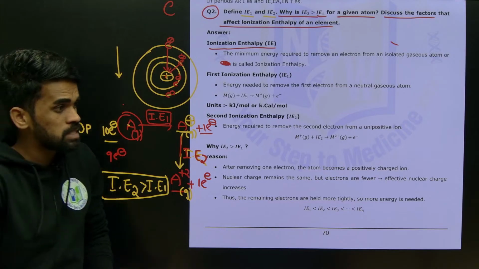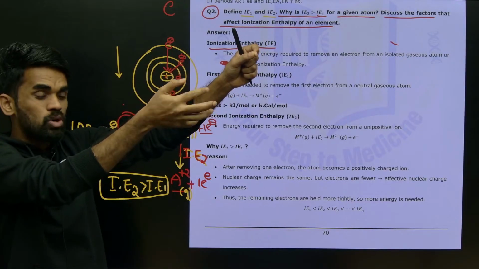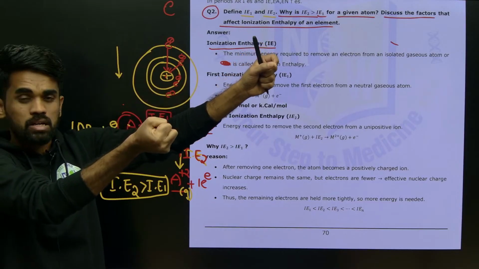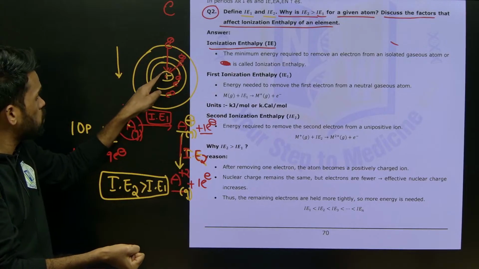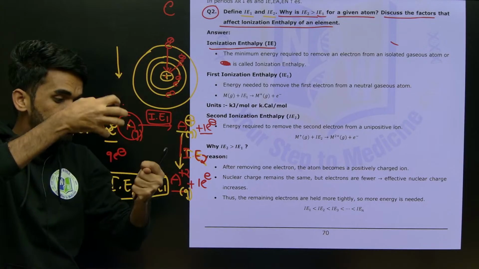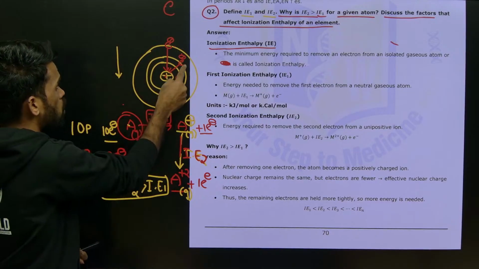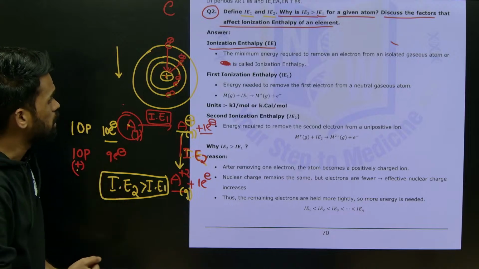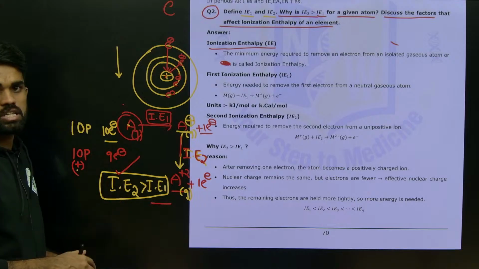Now the nuclear charge is more, so that nuclear charge will strongly attract all the electrons. The second electron is very closely attracted towards the nucleus. So removal of that second electron will be very difficult because it is strongly held to the nucleus due to more positive charge than negative charge. That's why the second ionization energy is always greater than the first ionization energy.